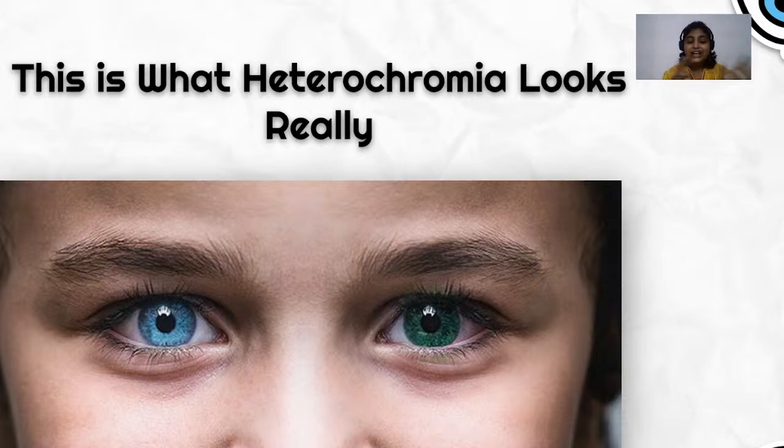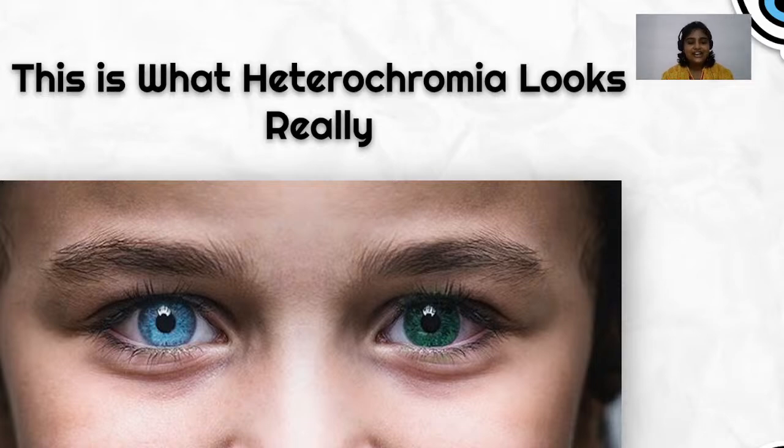Yes, this is what heterochromia really looks like. You can see that the two eyeballs have different colors. One is bluish in color and the other is green. This is exactly what is called heterochromia. I can correlate this with how ladies usually apply a different nail color to each finger, basically as a fashion.